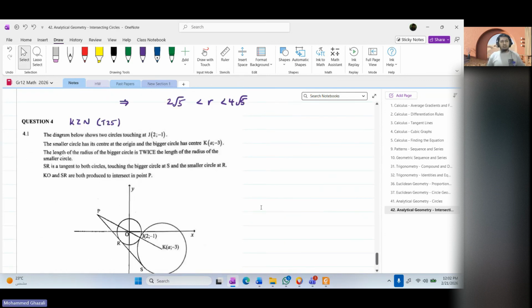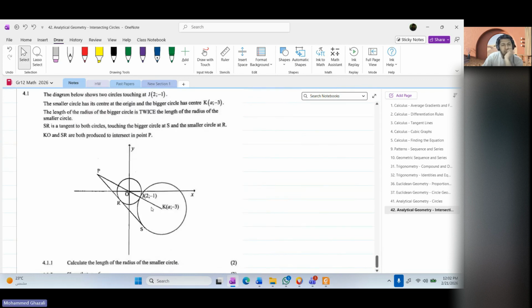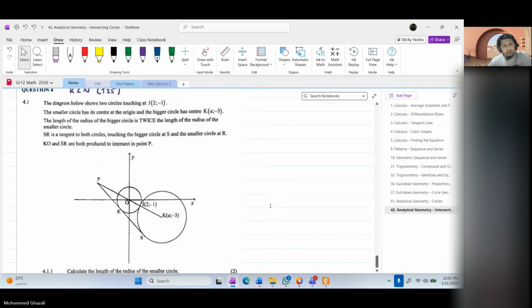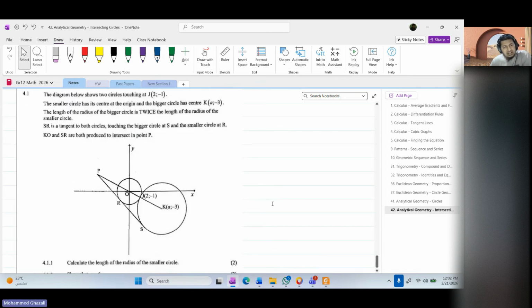So the diagram below shows two circles touching at J, which is (2; -1). The smaller circle has its center at the origin, and the bigger circle has center K, which is (A; -3).